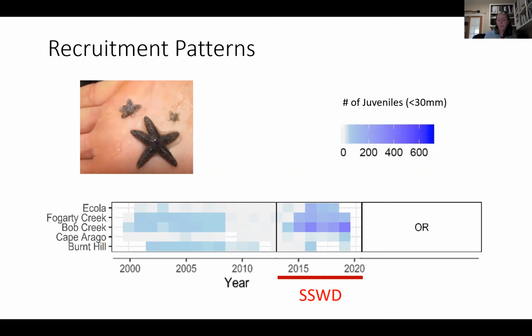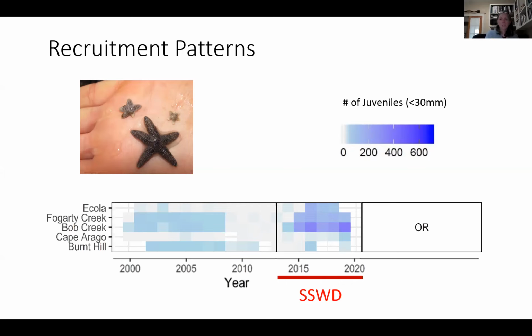And offhand, I can't say what populations overall for the six-armed star look like. All species have been affected by this disease to some extent.